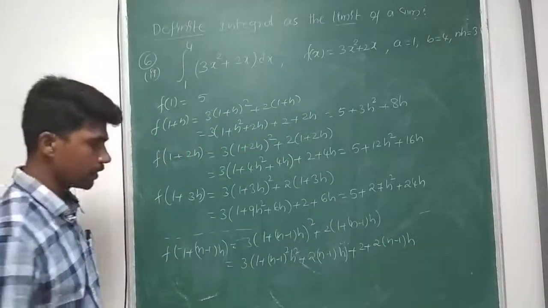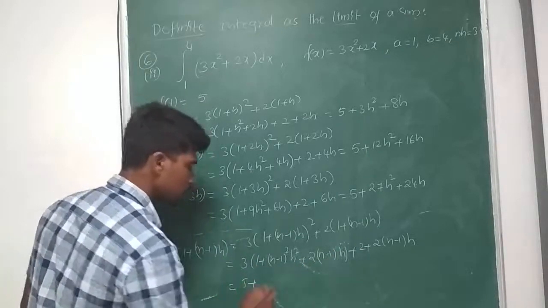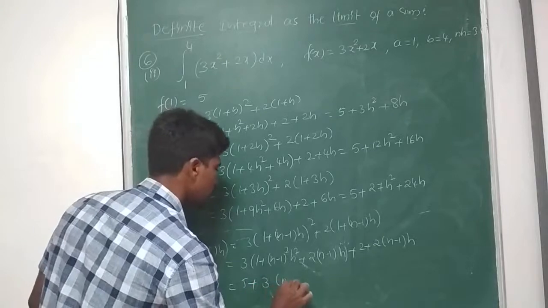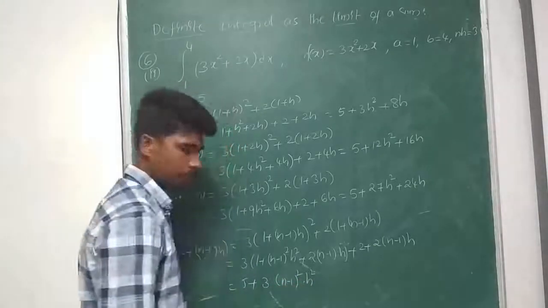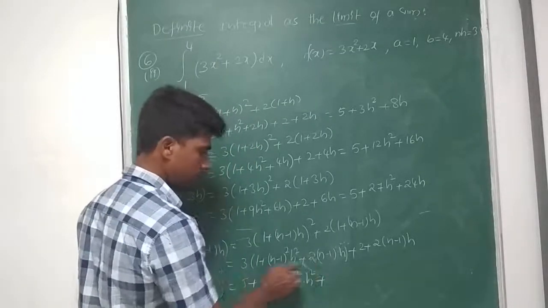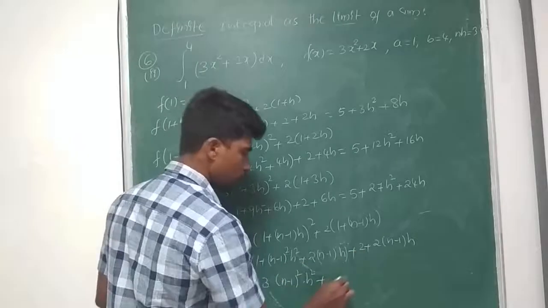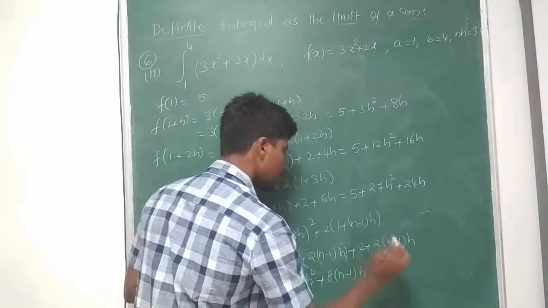Okay, now if I simplify, 3 plus 2 is 5, plus 3 into (n minus 1) whole squared into h squared, plus 3 twos are 6 plus 2, 8, so 8 into (n minus 1) h.